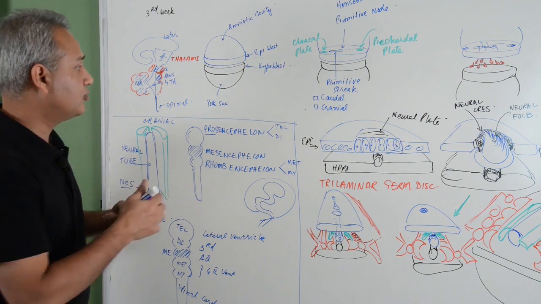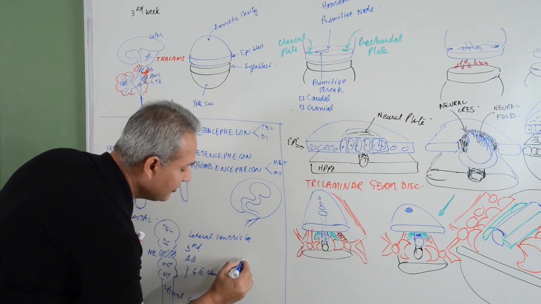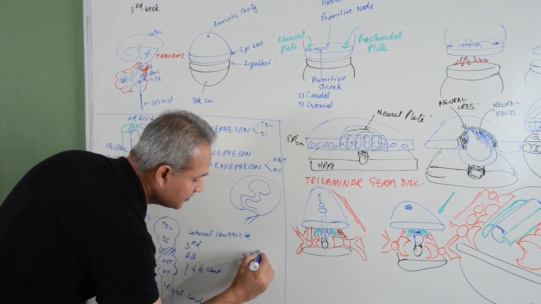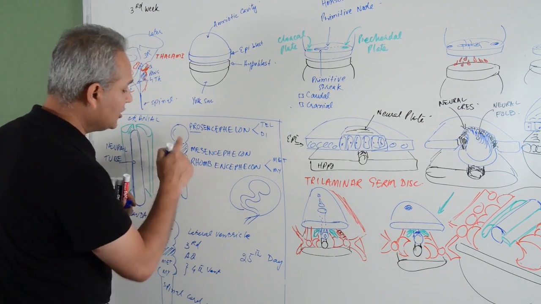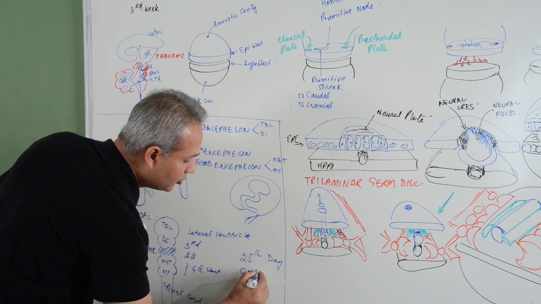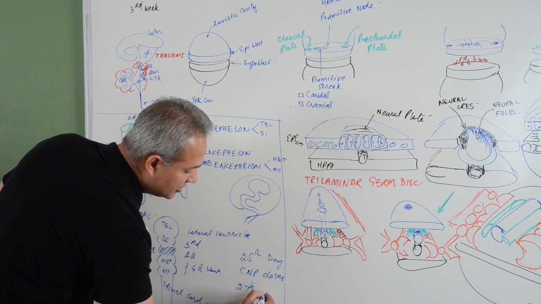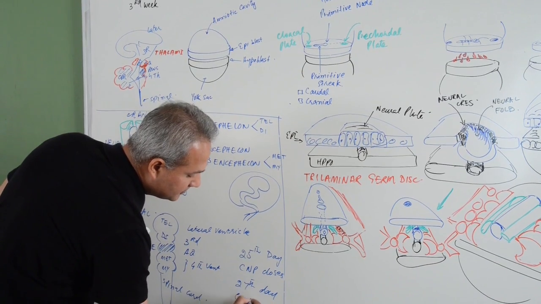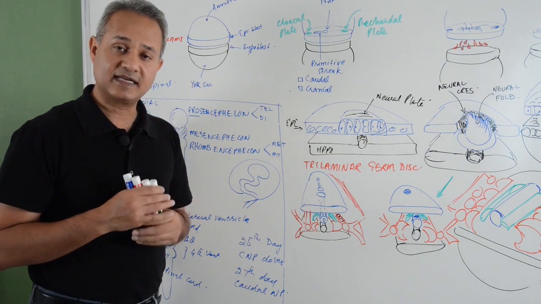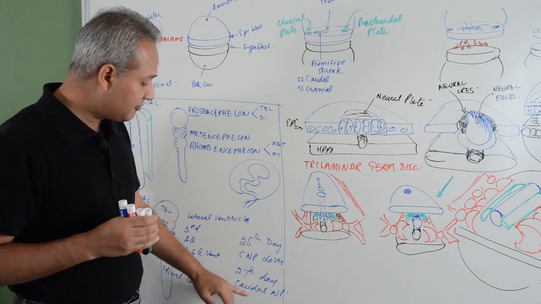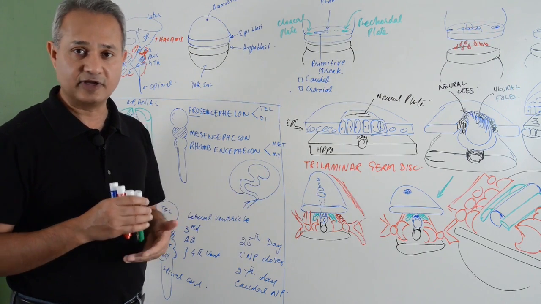The other thing, this is important, keep in mind: cranial neuropore closes on the 25th day, which is very early in development. Caudal neuropore closes on the 27th day, 2 days after. So if AFP and acetylcholinesterase are increased after the 27th day, then there is a suspicion that there may be a problem with the development.